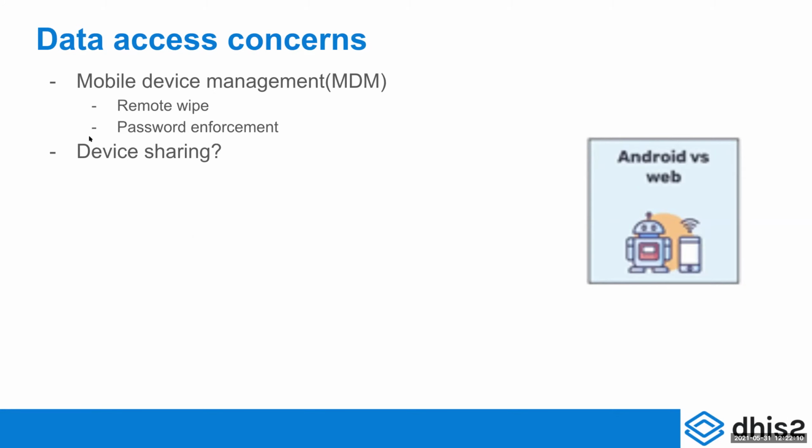Sometimes people are sharing devices between themselves, and you should look into how this is done, and make sure that if it happens, it happens in a way that was planned, and that was part of your understanding when you designed access to the program, for example.